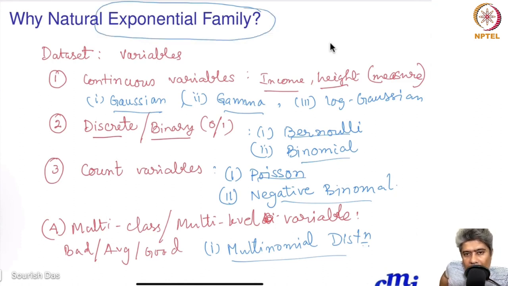So if we can build a predictive model for the exponential class of family, then all other models automatically become a special case of this model, and that is where natural exponential family is going to play a very crucial role.